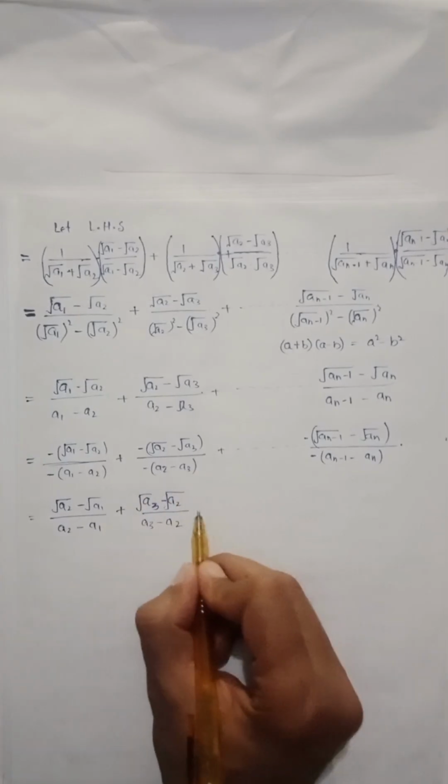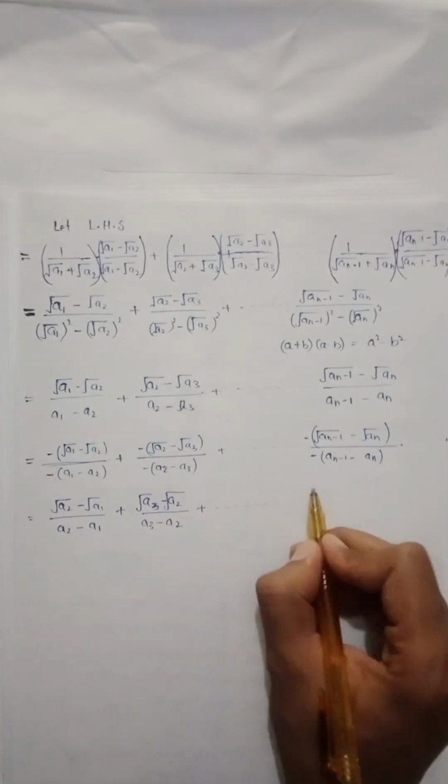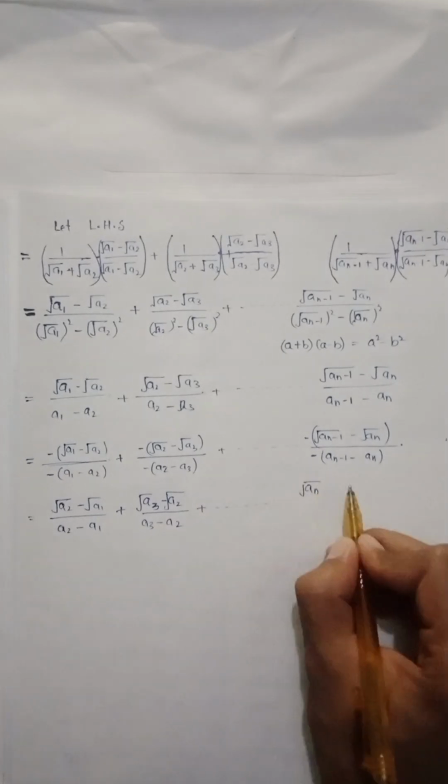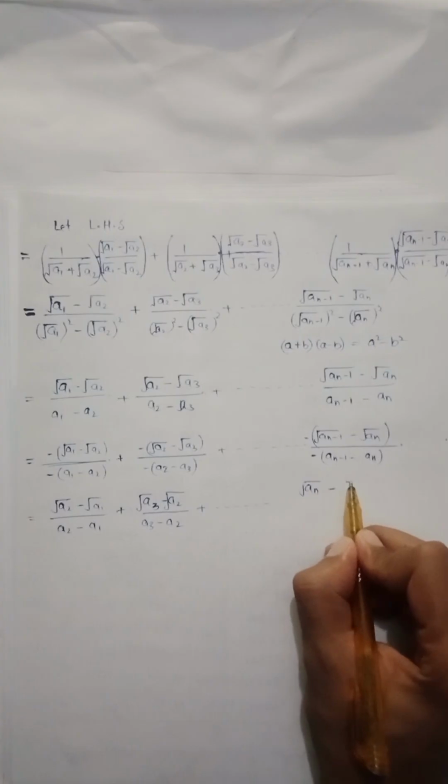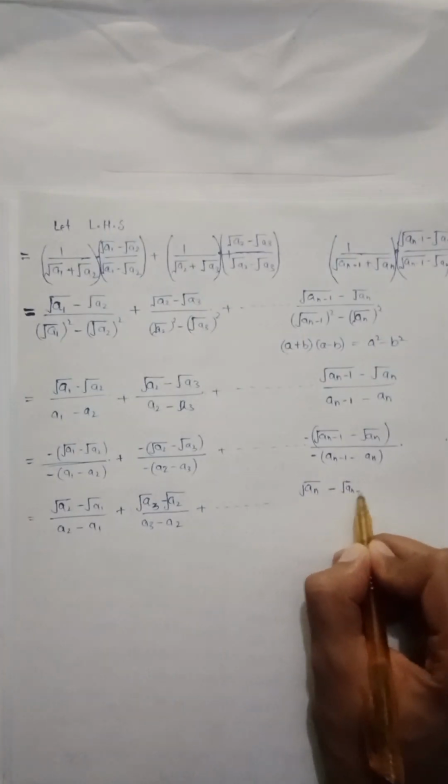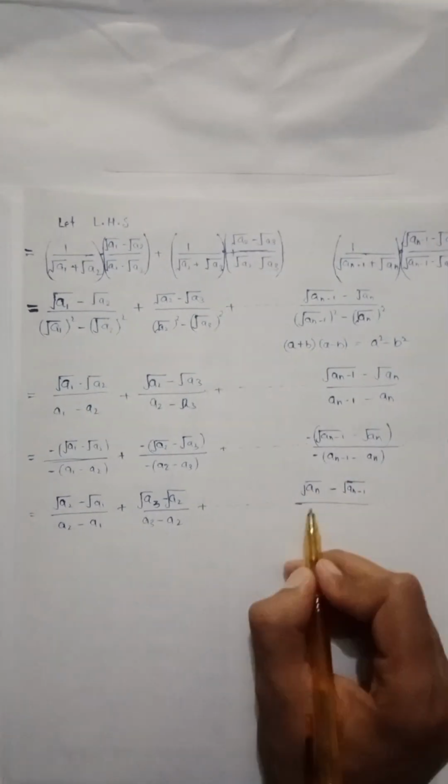Now putting the value of this d. This is d: a2 minus a1 and a3 minus a2 are both d.